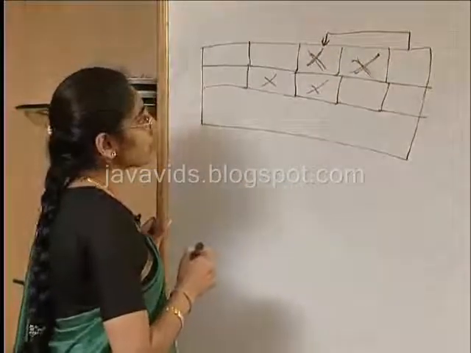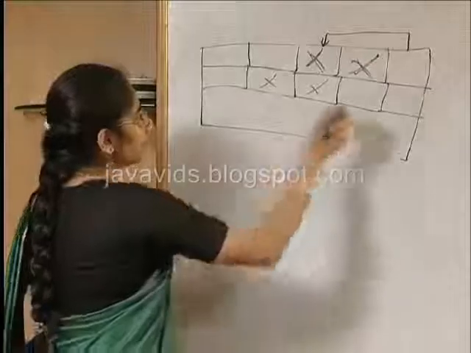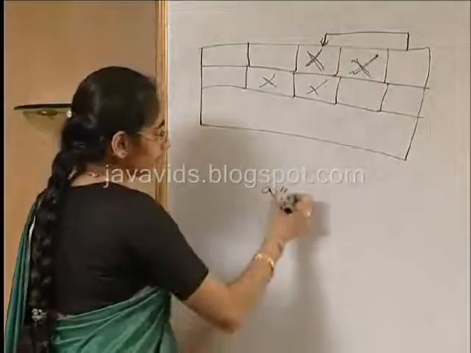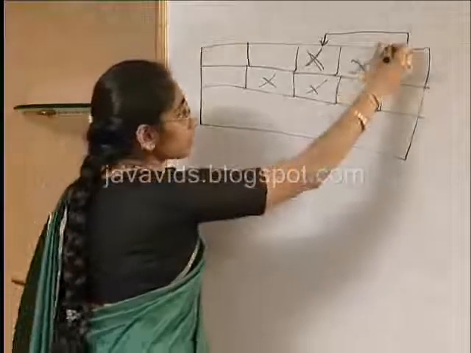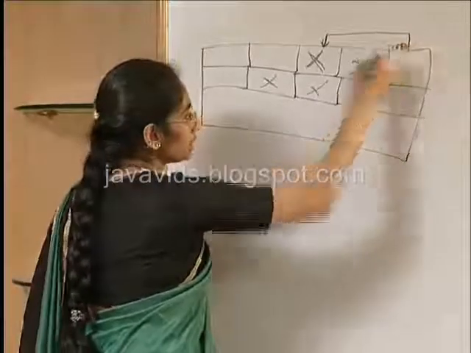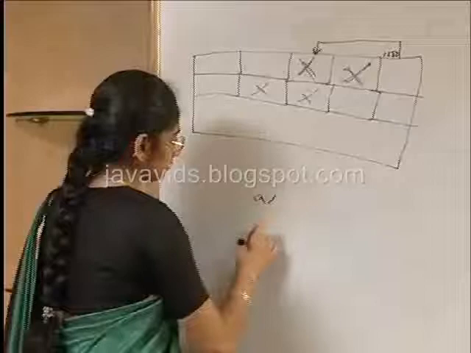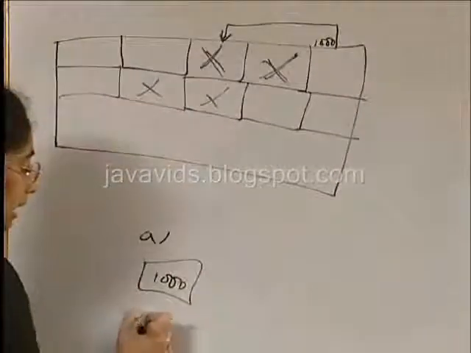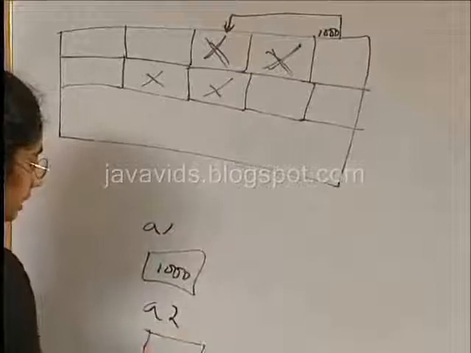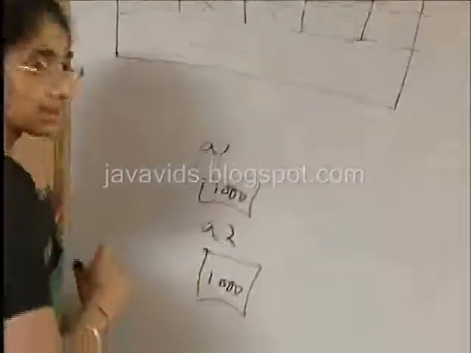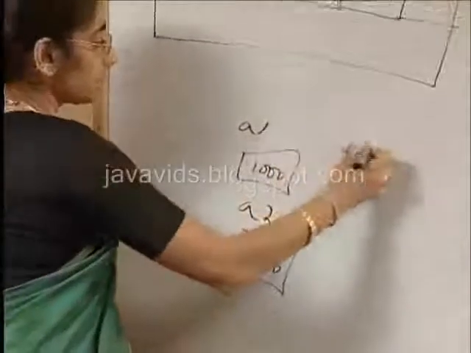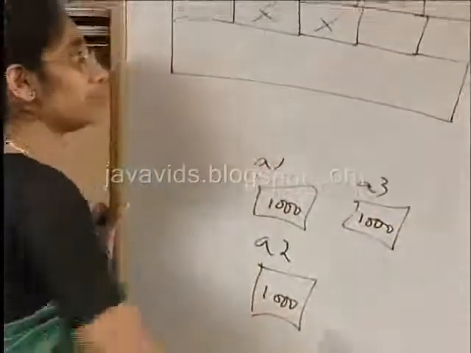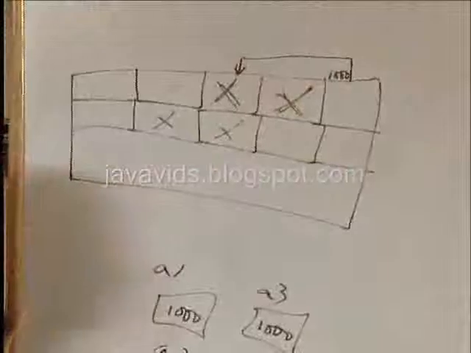When it does this, there might be some object variable, let's call it A1, which might be referring to this memory space, let's call it 1000. There might be another object variable A2 which is also pointing to that memory space 1000, and A3 which is also pointing. You could have multiple object variables pointing to a single memory space.